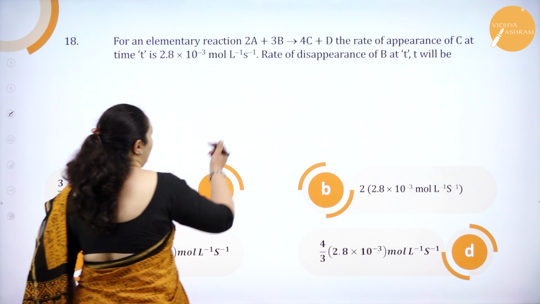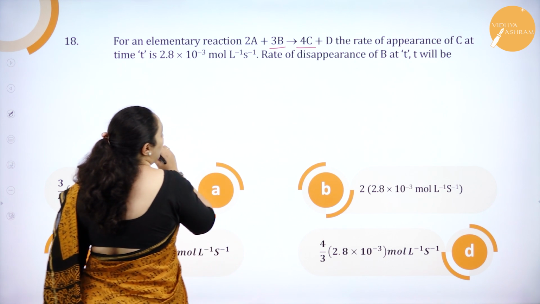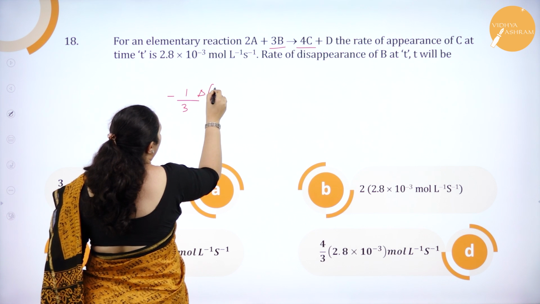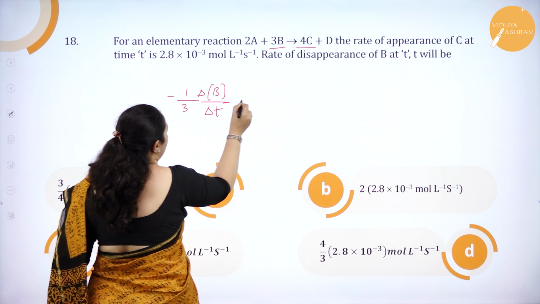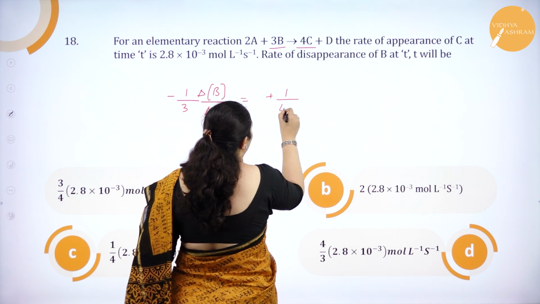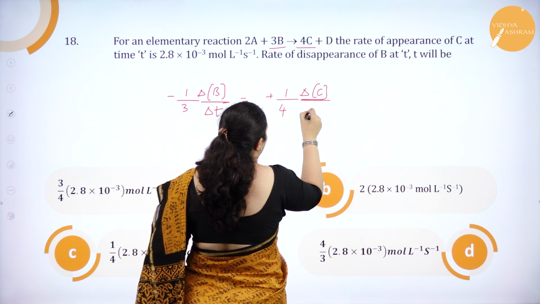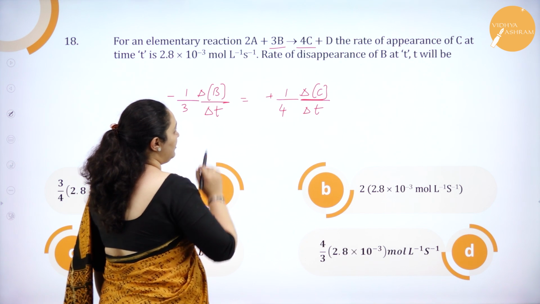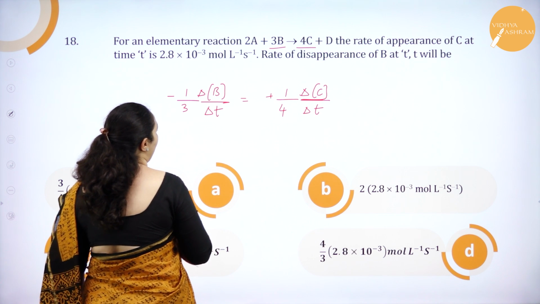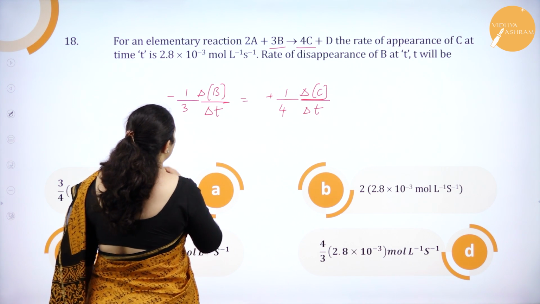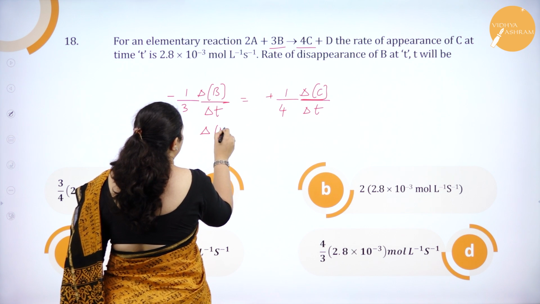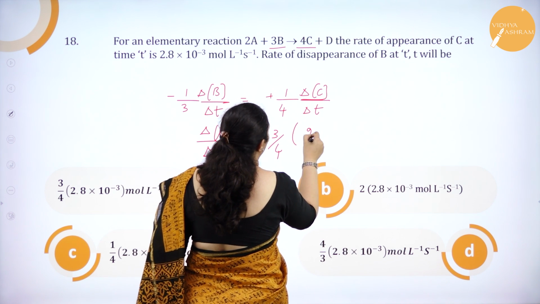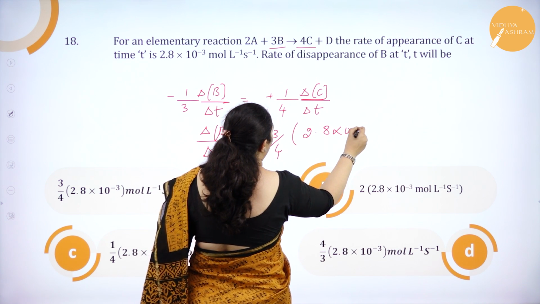So we have to relate B and C. It is a direct question, so I can write it as minus 1 by 3 delta concentration of B by delta T is equal to plus 1 by 4 delta C by delta T. They have given me the delta C by delta T value, that is, the rate of appearance of C. I have to find the disappearance. The signs of course are not very important here. So delta B by delta T is 3 by 4 into 2.8 into 10 to the power minus 3.